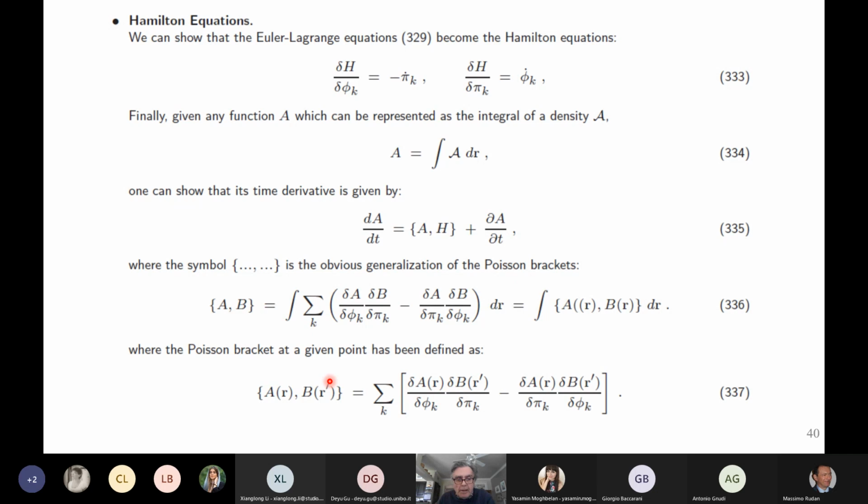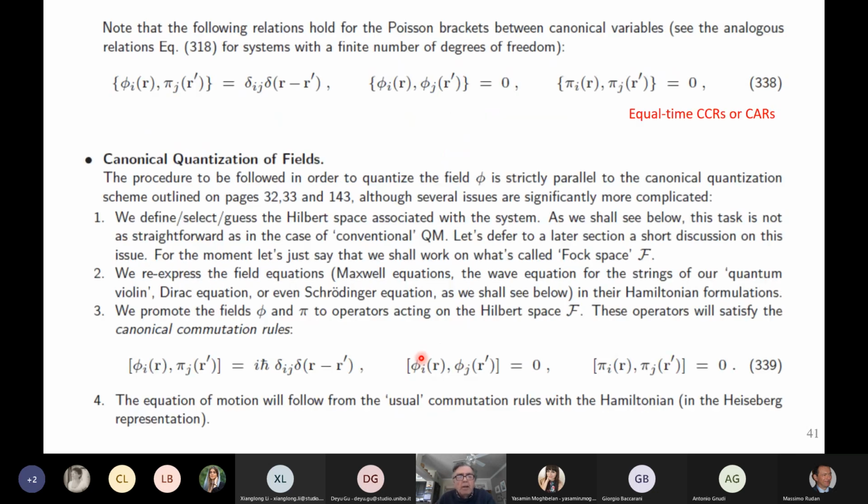Okay, and I can define the Poisson bracket density, if you wish, as the Poisson bracket at a given pair of points R and R prime. What will become the canonical commutation or anti-commutation rules, which are the Poisson brackets between the field and its canonically conjugated momentum density, are just expressed here.